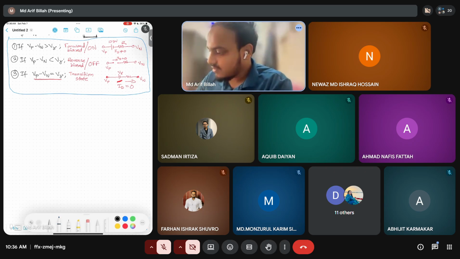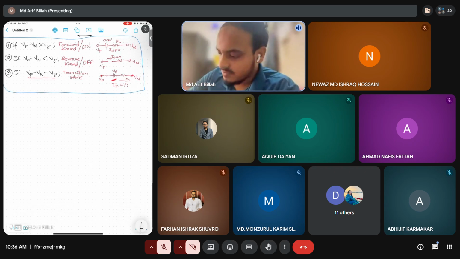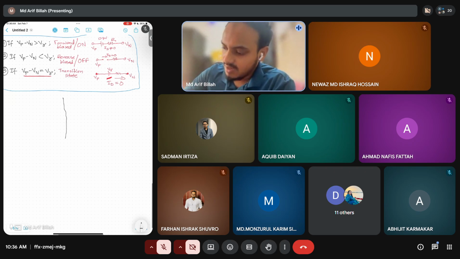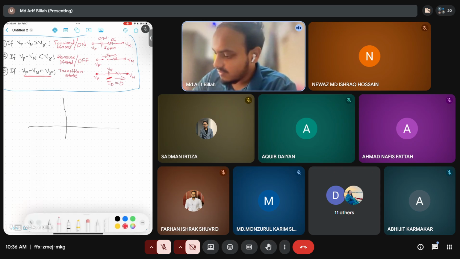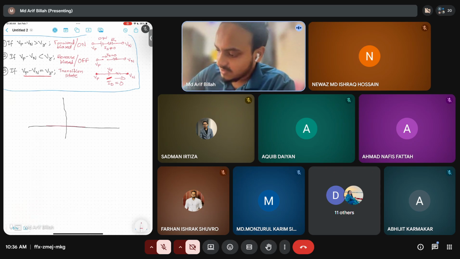আচ্ছা, আমরা যদি এই তিনটা কন্ডিশনকে গ্রাফে চিন্তা করতে চাই, let's draw the graph again. So IV characteristic constant voltage drop model কিন্তু এটা ছিল, R0, and you have some forward voltage, এটা VI, এটা হচ্ছে V gamma R0.